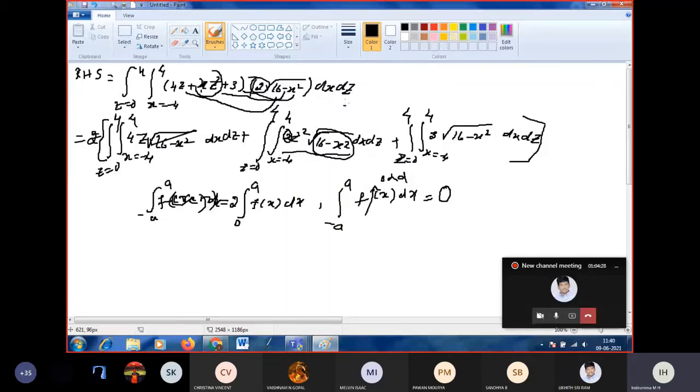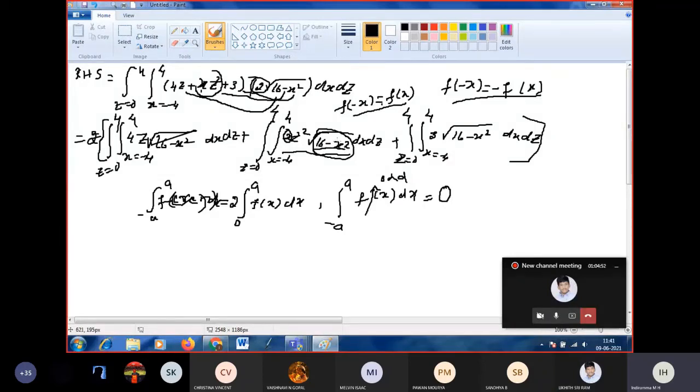If f of minus x is equal to f of x, then the function is even, correct? If f of minus x is equal to minus of f of x, then the function is odd. So root of 16 minus x square is even.